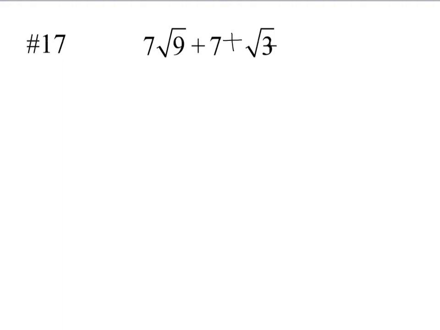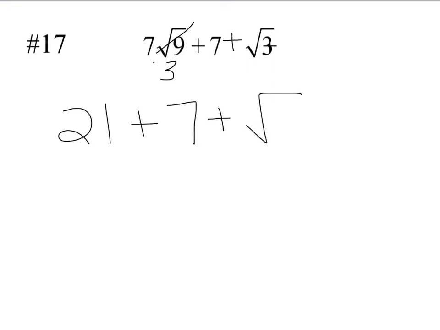First off, they were very nice to us in this situation because we know the square root of 9 is 3. So this becomes 7 times 3 plus 7 plus the square root of 3. So 7 times 3 is 21 plus 7 plus the square root of 3.